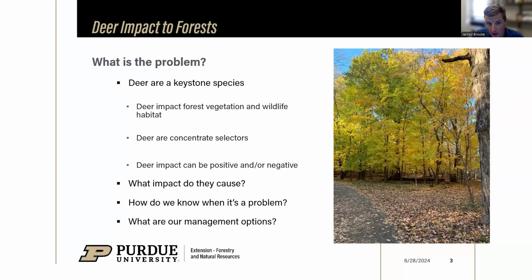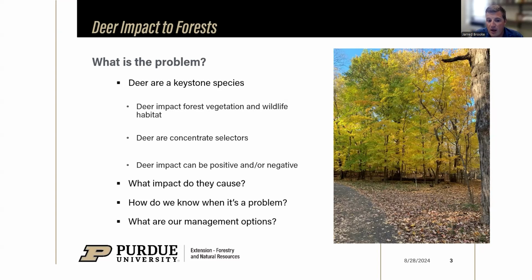So deer are considered a keystone species, which means that how they browse and how they interact with the landscape impacts not only forest vegetation, but also wildlife habitat. And deer are concentrate selectors, which means that they're not going out there and just randomly eating the food and plants that they find. They are selectively browsing certain plant species and certain parts of plants, right?